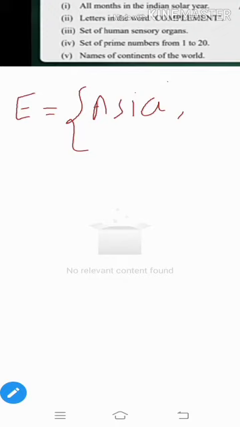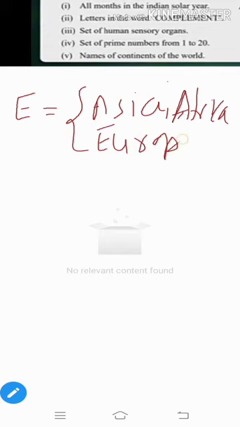Second continent is what? Second is Africa. Third one is Europe. After that South America.